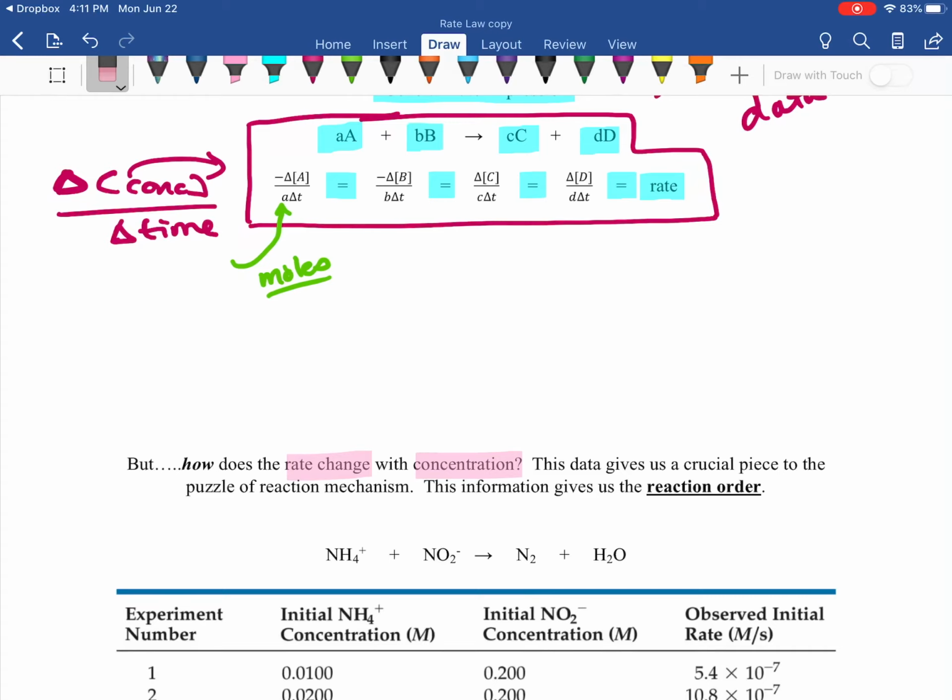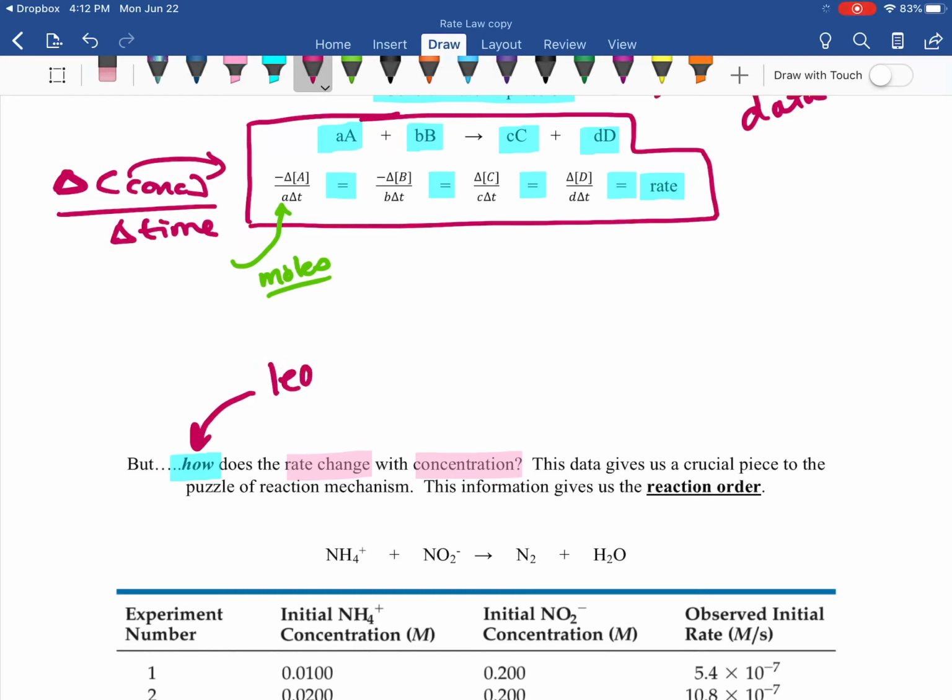If our rate is changing with our concentration, that's awesome if we see how that could happen, but let's take a step back and try to figure out, how does your rate change as your concentration is changing? And this how is going to give us our next piece to the puzzle.